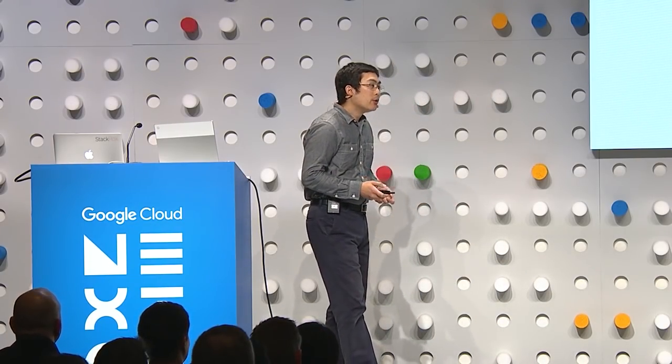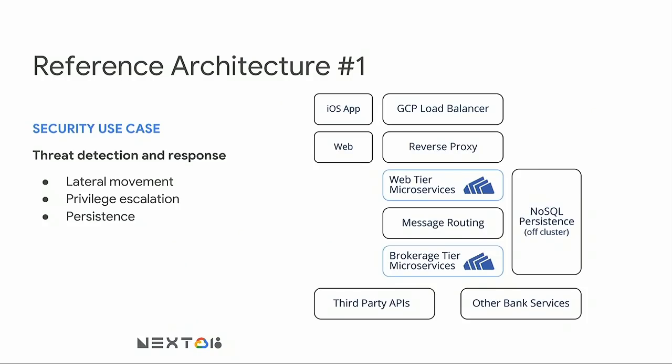I'm now going to run through some of the common architectural patterns that we've seen among our financial customers adopting GKE. And so in the first example, that Fortune 100 bank chose to build a new cloud-native mobile-first application on top of GKE. And what that looks like is there's a highly scalable web tier made up of microservices that sits behind a GCP load balancer and a reverse proxy.